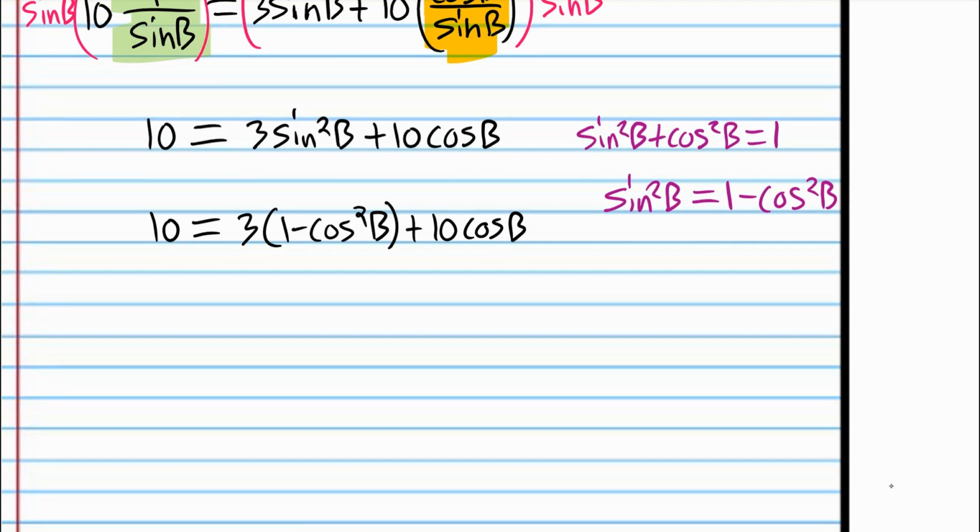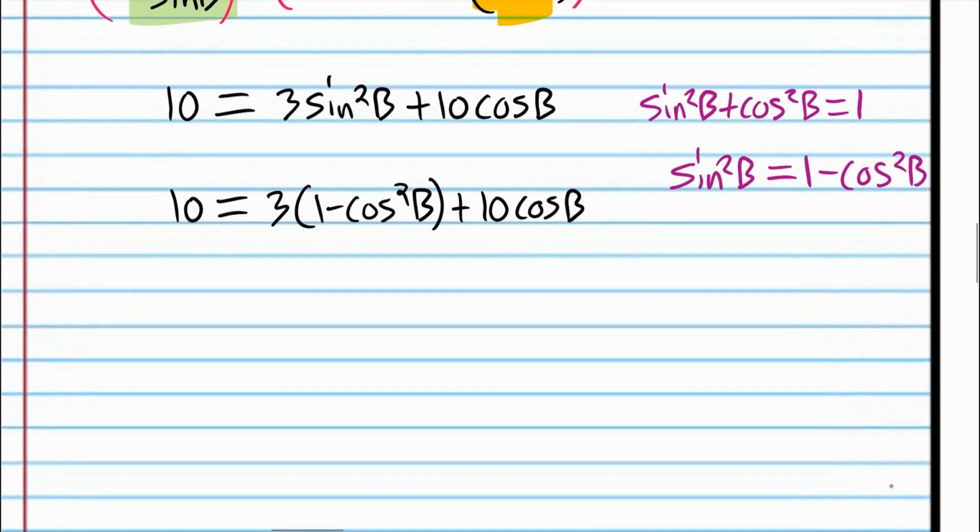Okay, so now we have to use distribution. Let's multiply 3 by 1 and 3 by cosine squared b. And we get 10 is equal to 3 minus 3 cosine squared b plus 10 cosine b.